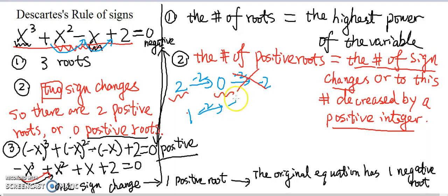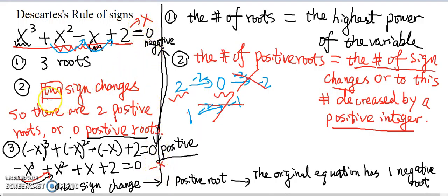We cannot have a negative number of roots, so we only have 1 possibility. This new equation must have 1 positive root, and that corresponds to a negative root of the original, because the solution of this gives negative x, and when negative x is positive, x will be negative.